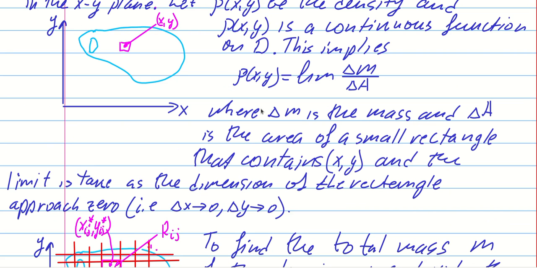Because of this, right? So it's approximate, since if we remove the limit, it becomes an approximate sign. And if we multiply both sides by delta A, we get approximately the delta M.